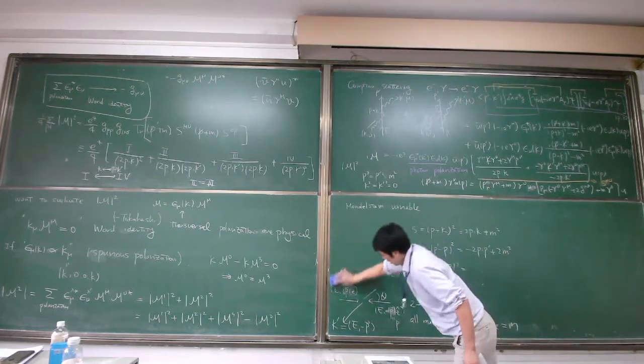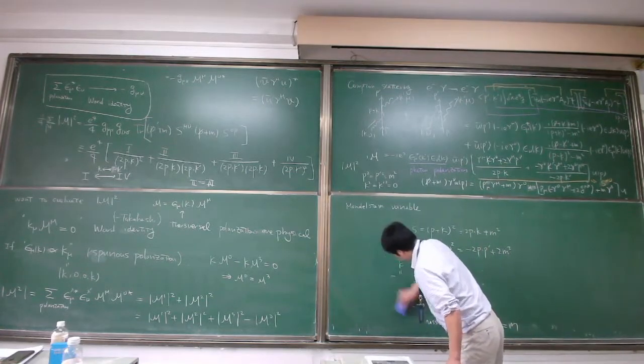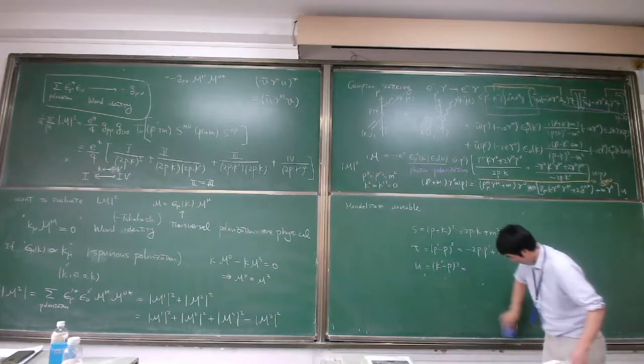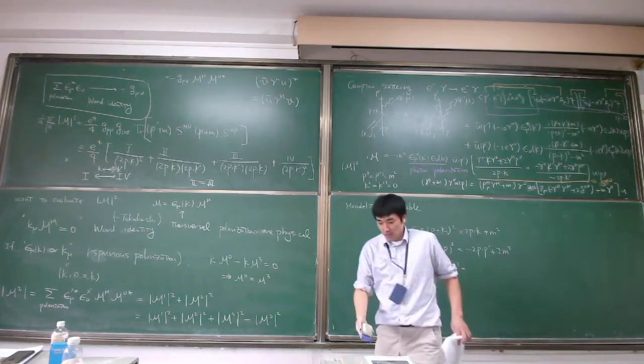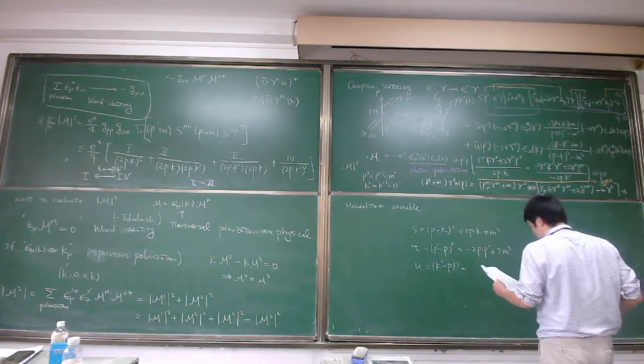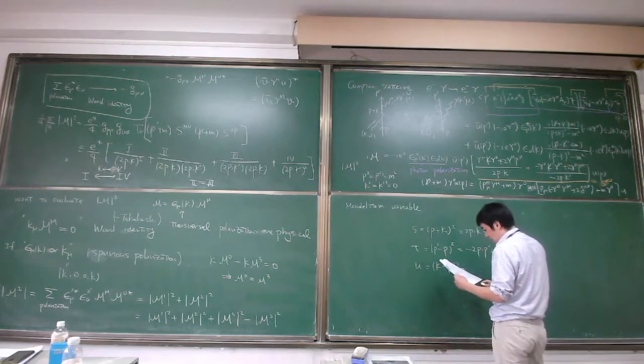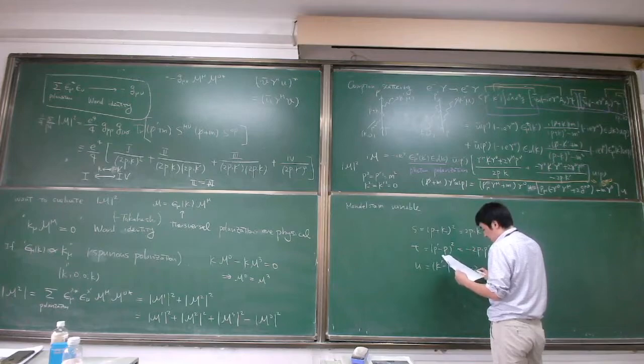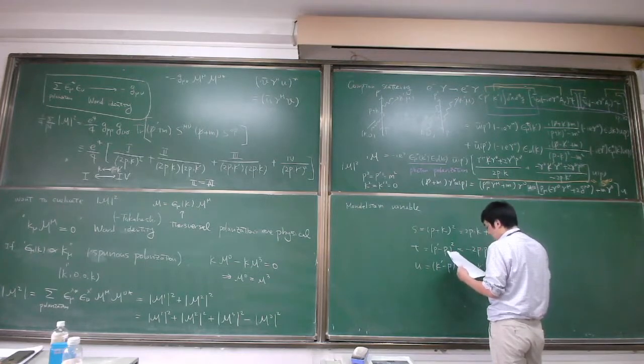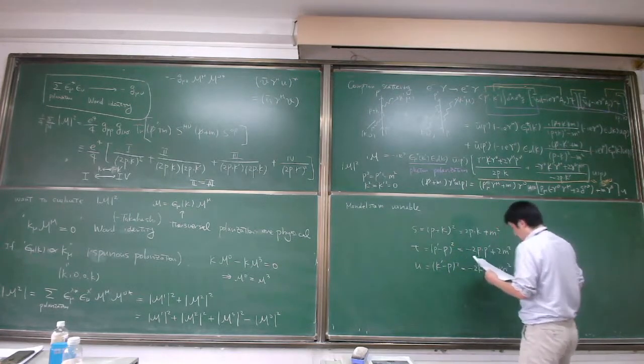So use Mandelstam variables to write down 1, 2, 3. Then here you have minus 2k prime dot p plus m squared.